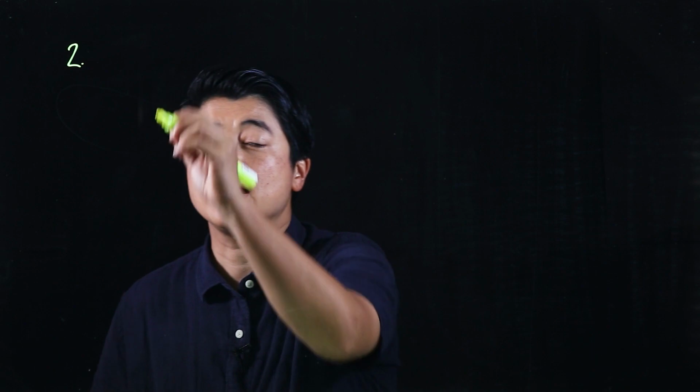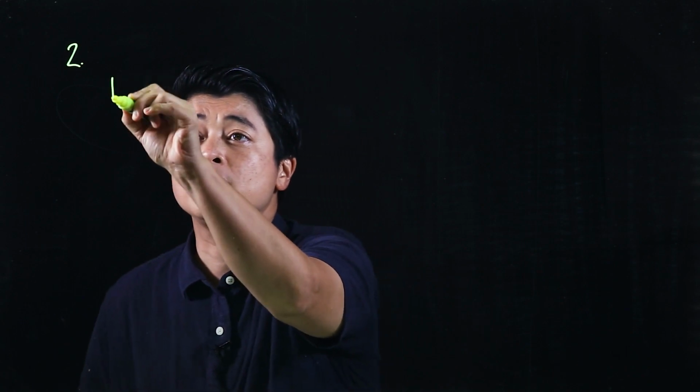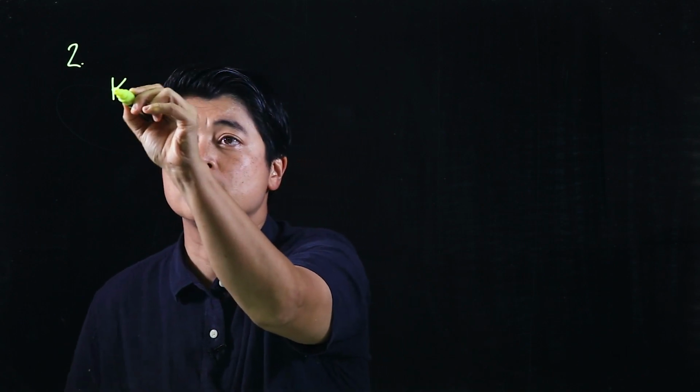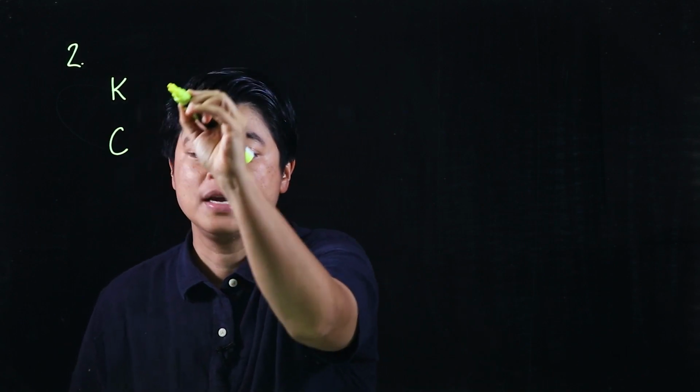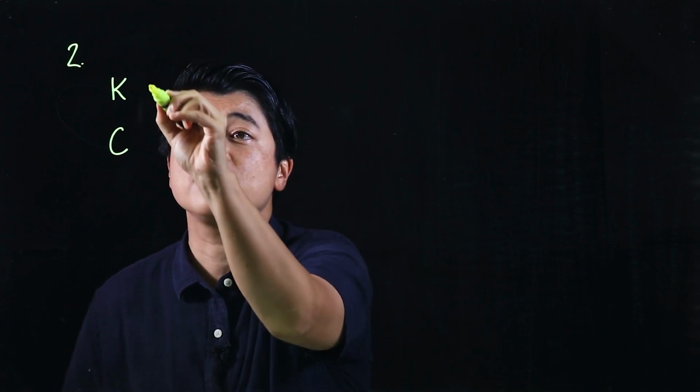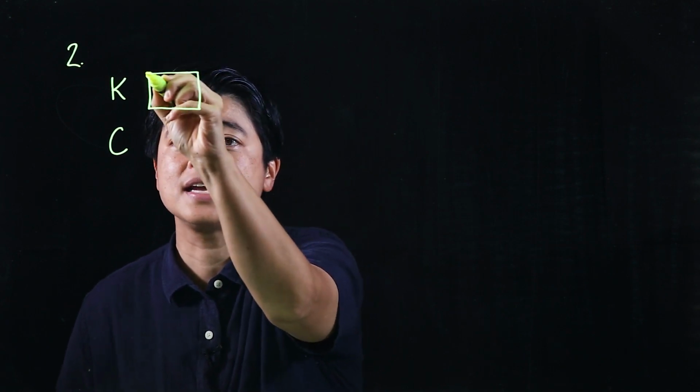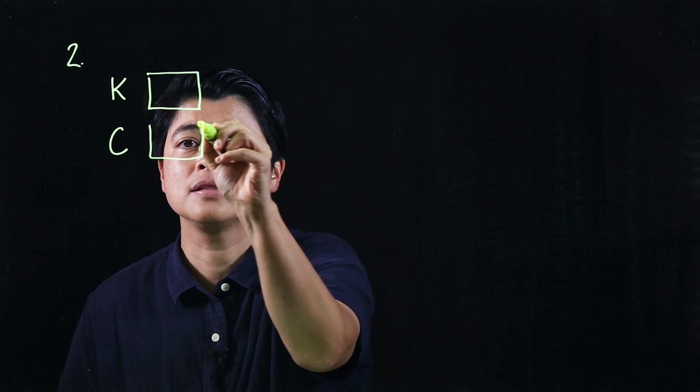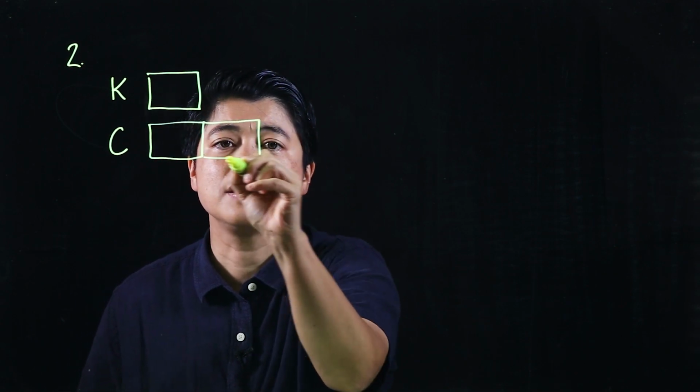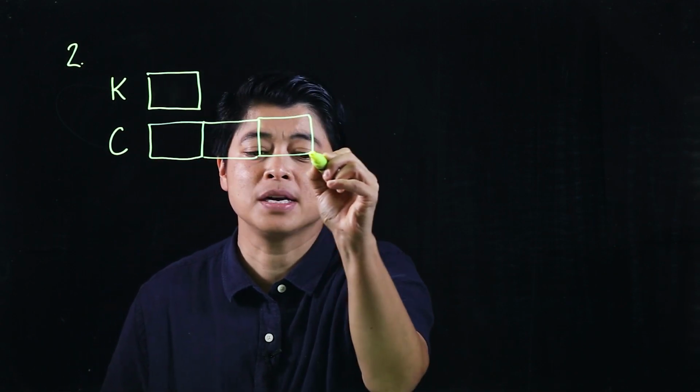In this problem, there's a bar model provided already. But if there weren't, we know that we start with Kit and Carl. Carl saved 3 times as much as Kit, so those will be 3 boxes.